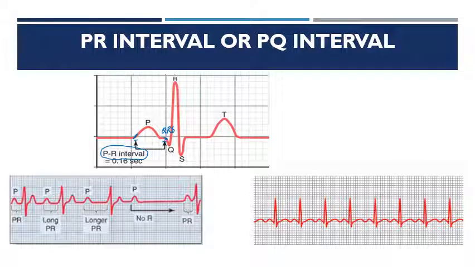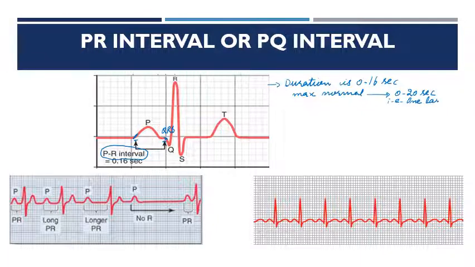The normal PR interval duration is 0.16 seconds and maximum normal duration is 0.20 seconds. That is, it is equal to 1 large square.